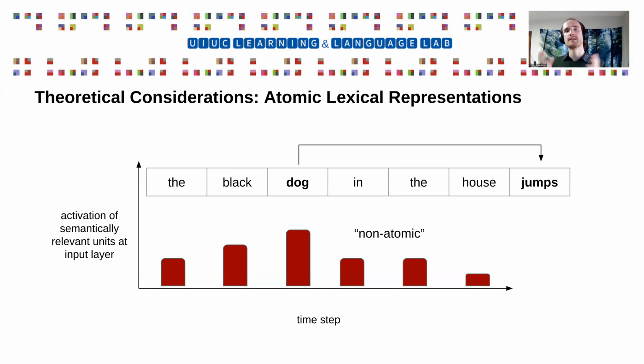So don't mistake atomicity in this talk with other types of atomicity that have been proposed in the literature. This kind of atomicity really is about temporal credit assignment and figuring out which discrete relations in sentences are most relevant for learning about semantic category membership and representing those independently of other intervening representations, relations.